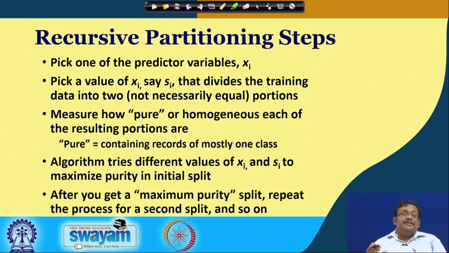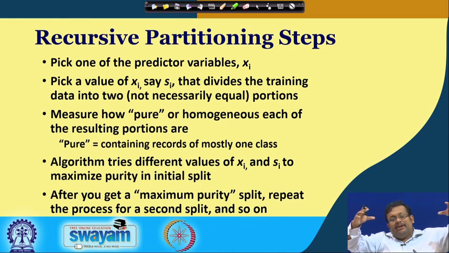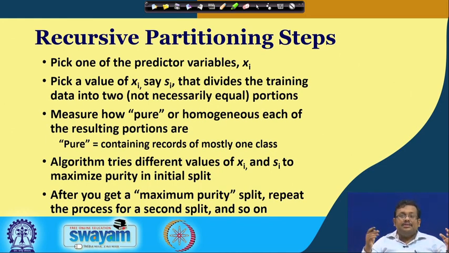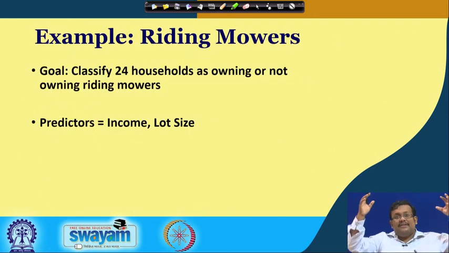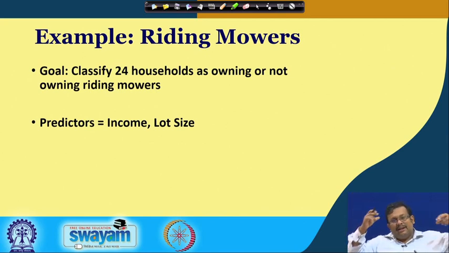The algorithm tries several combinations of xi and si to find the best split criterion, maximizing purity. After you get the maximum purity split, repeat the process for a second split and so on. That is why the tree grows, and you can see why we call it a tree, because a tree has several branches. These classification regression trees also have several branches and sub-branches, and then these branches again split.